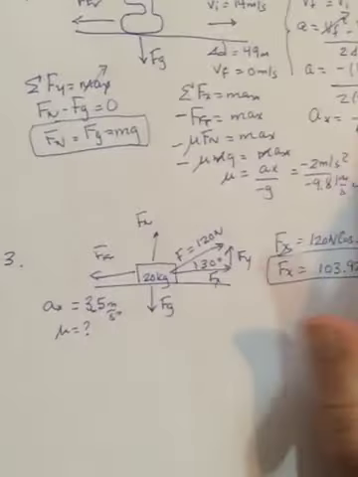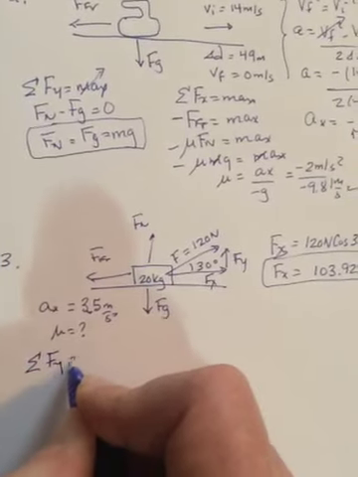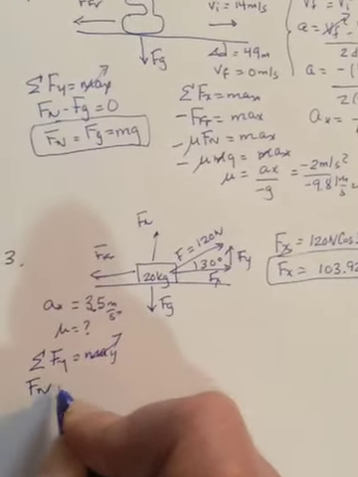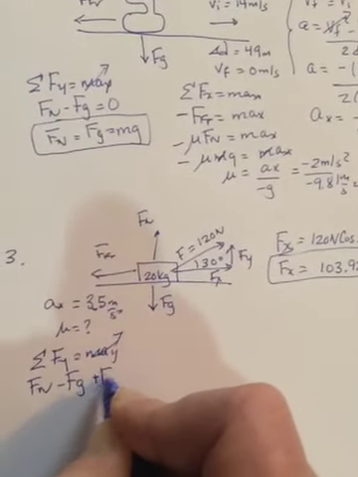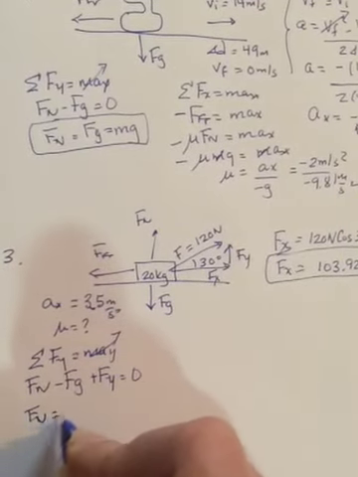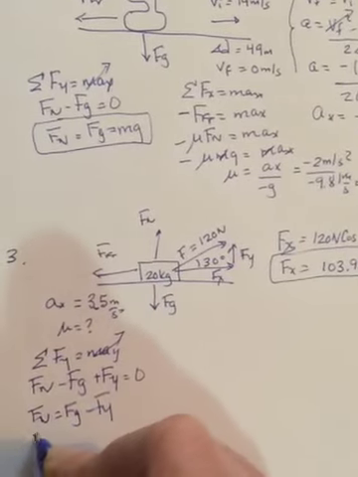Okay? Questions looking for mu. Start with the sum of the forces in the y direction equal to may. It's not moving in the y. So Fn minus Fg plus Fy equals 0. So Fn is going to equal Fg minus Fy.